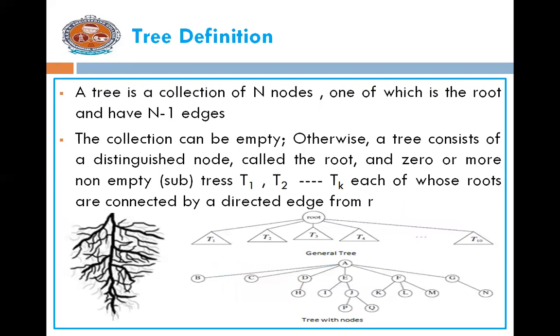Next one is the tree definition. A tree is simply a collection of nodes. For example, if you take the normal tree structure, this is the root that we are showing here. First of all you will have the main root. From the main root you will have the sub branches, and from the sub branches you will have again other sub branches.